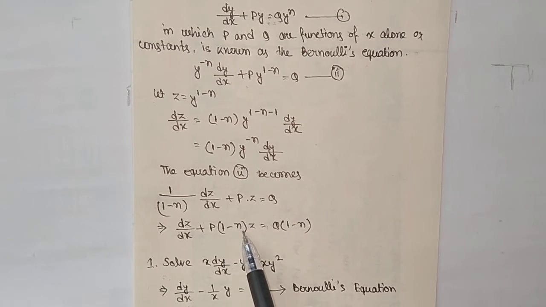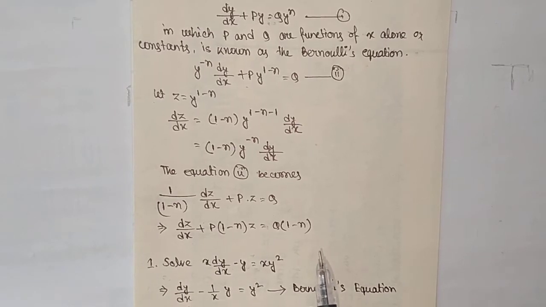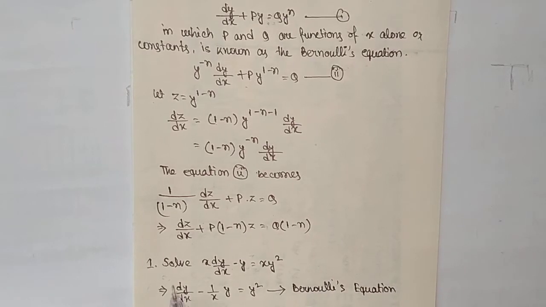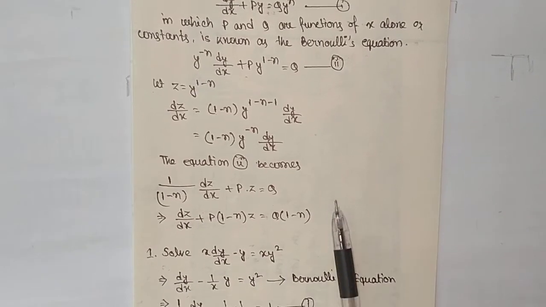So the Bernoulli equation is converted into a linear equation, and we already know how to solve a linear equation. So let us consider some examples. Example 1: solve x dy/dx - y = xy^2.